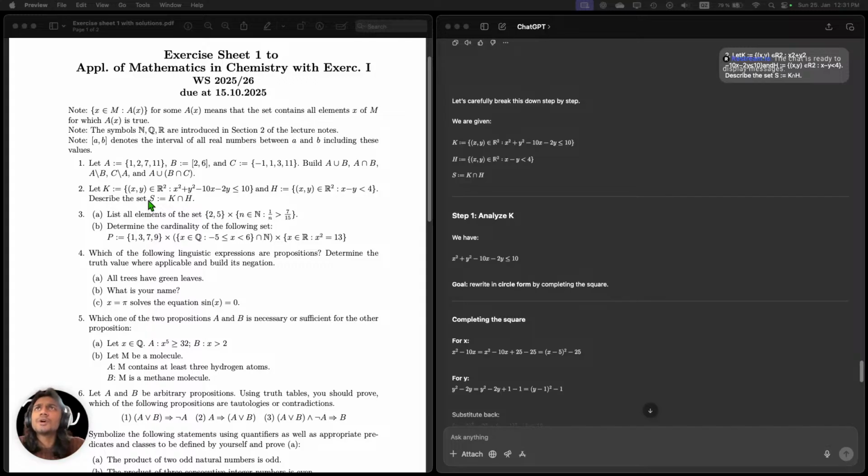So x squared plus y squared minus 10x minus 2y is less than or equal to 10, and H equals {(x, y) belonging to R squared, where x minus y is less than 4}. Describe the sets S, K intersection H.